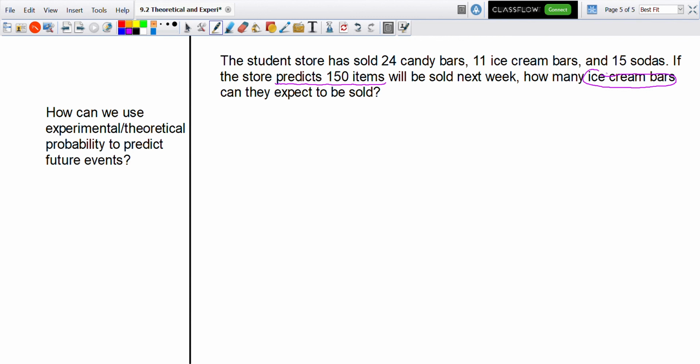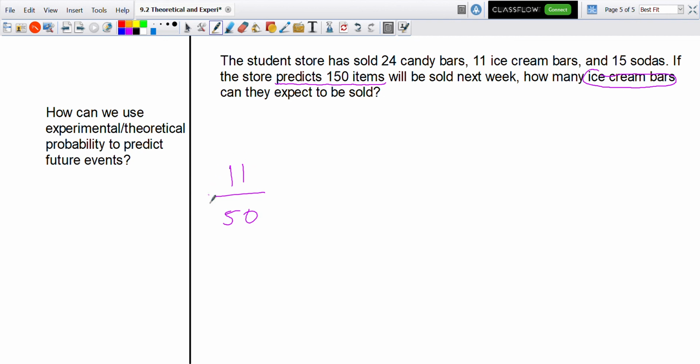So let's consider what already happened experimentally, right? In the experimental probability, what already did happen, we did already sell 11 ice cream bars. Oh, not out of 150 yet. So we know in the experiment, they sold 11 ice cream bars out of 24 plus 11 plus 15 total items.